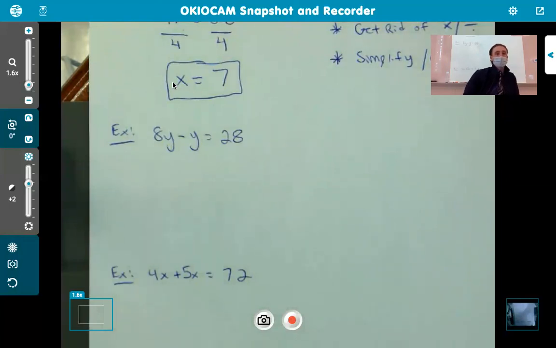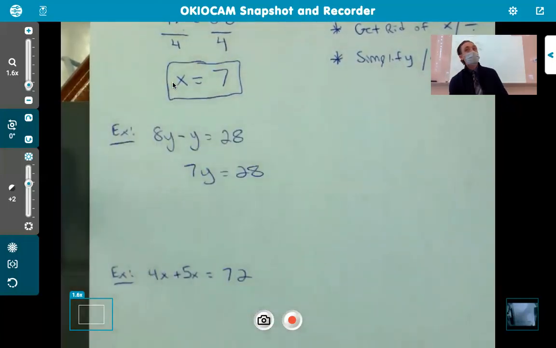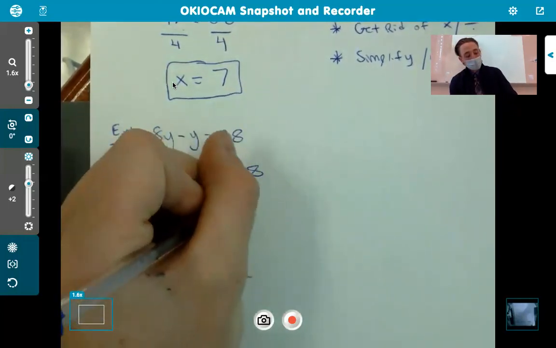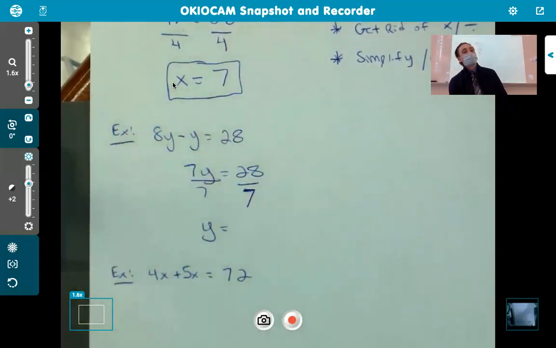What's it going to simplify to? What's 8y minus y? 7y. Is there any addition or subtraction to get rid of? No. Okay. So then what's the next thing I need to do? Divide by 7 to get rid of any multiplication and division. 28 divided by 7? 4.